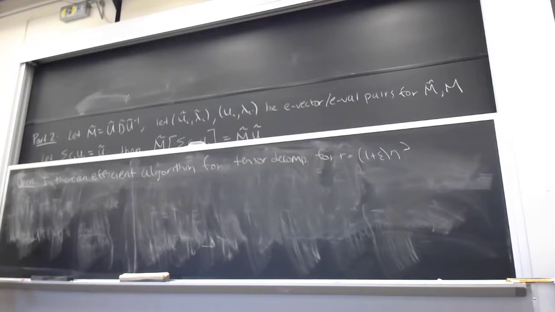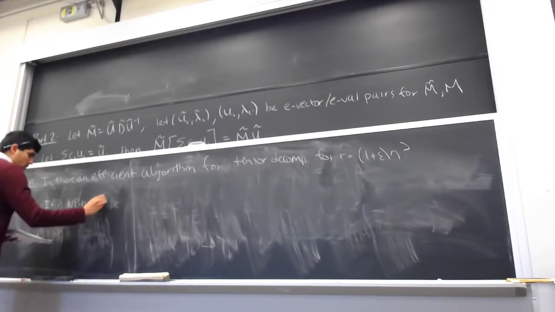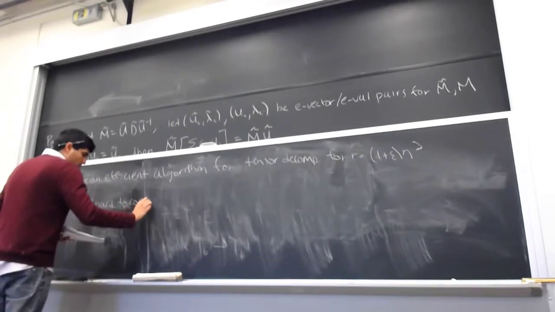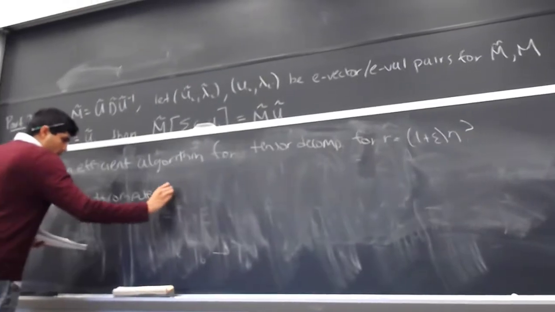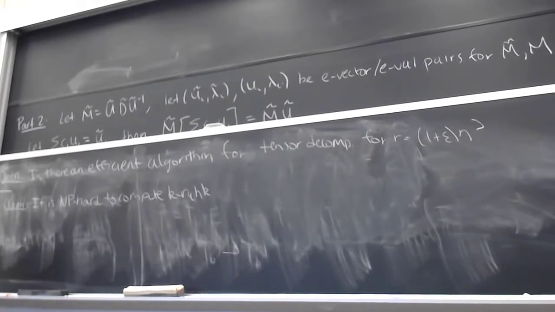And one of the real challenges in the algorithm, I'm not sure this should be related to this, but one of the complications is that it's actually NP hard to compute the Kruskal rank.